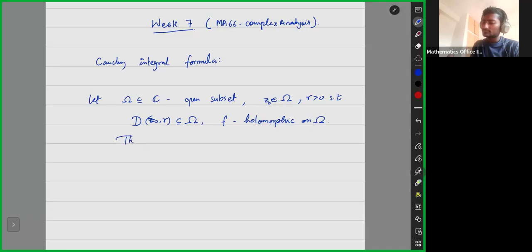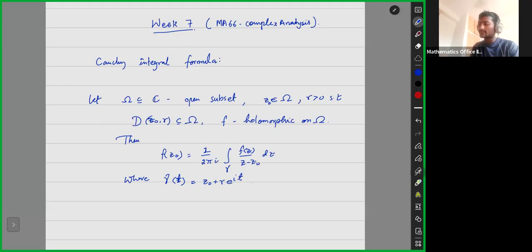Then F of z naught can be calculated in this way. F of z naught is equal to 1 upon 2 pi i, the integral over gamma of F of z divided by z minus z naught, dz, where gamma of t is nothing but z naught plus R e power i t.